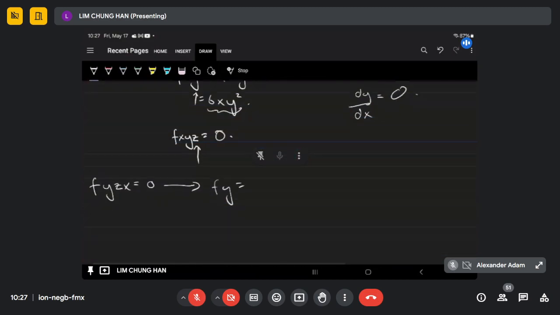So you just copy down x squared. And then the y cube, differentiate y cube, what do you get? 3y squared. Yes, 3y squared.